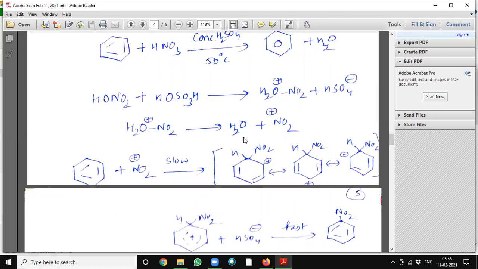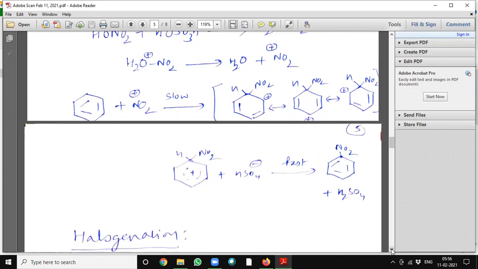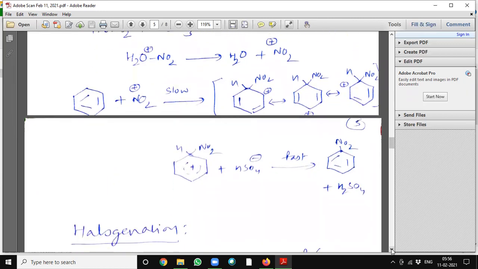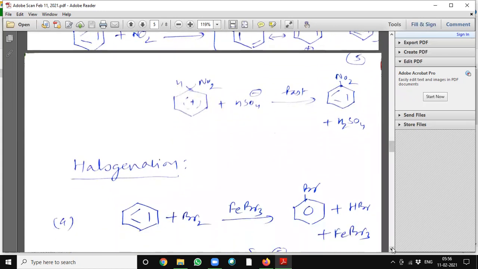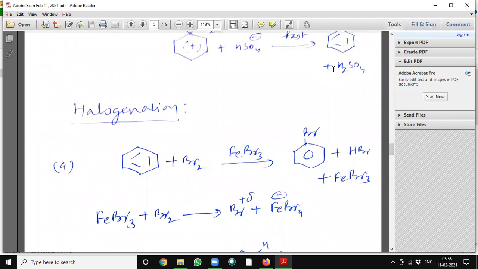So in the first step we will produce the nitronium ion as an electrophile, and this nitronium ion will substitute the benzene ring, and in two steps it will give nitrobenzene, and the reagent which we have used gives a byproduct.